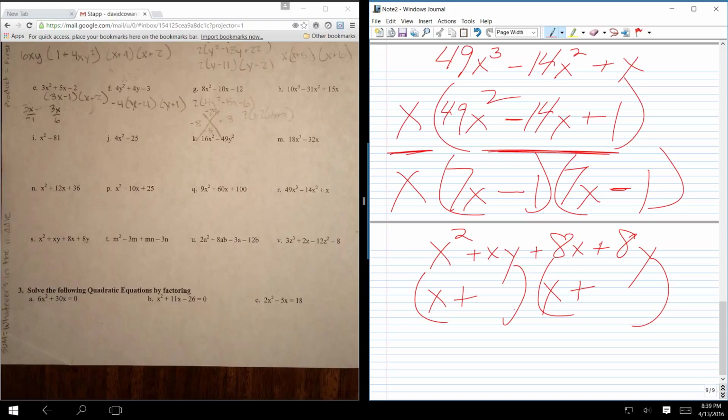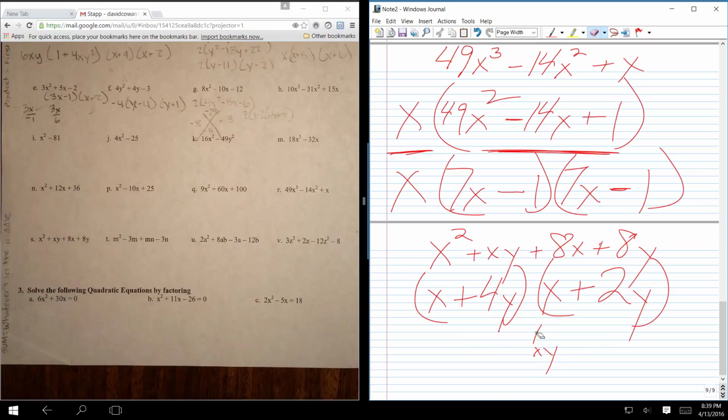So let's just guess and say 4y and 2y. Now, that's going to produce the x squared. What kind of middle term is going to get produced? 4yx and then 2yx, so you get 6yx, which we don't have in here. So that won't work.